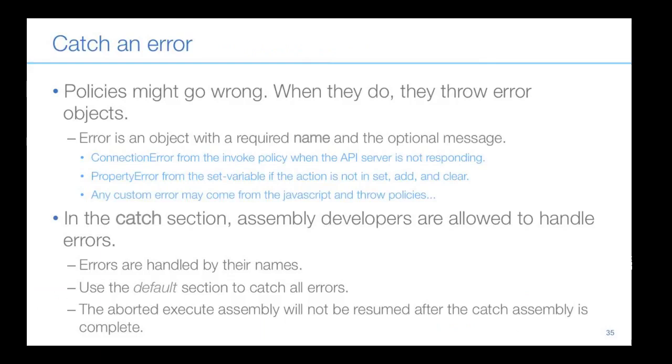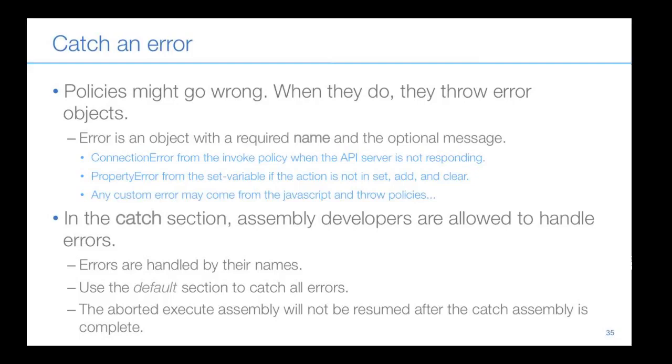From the previous example, we see that the policies may throw errors at runtime. Every error is an object with a required name and an optional message. For example, the invoke policy may throw a property error if the verb is not valid, or it may throw a connection error when the API server is not responding.